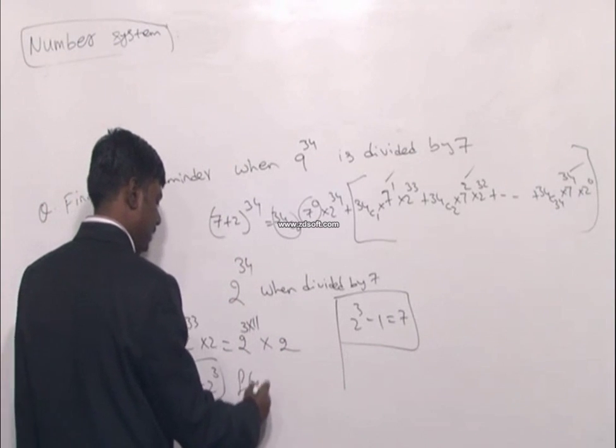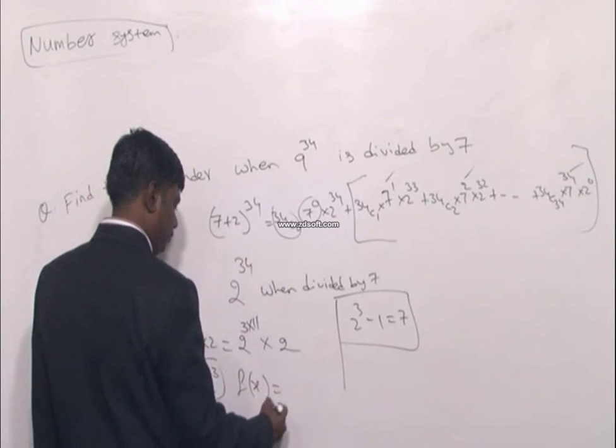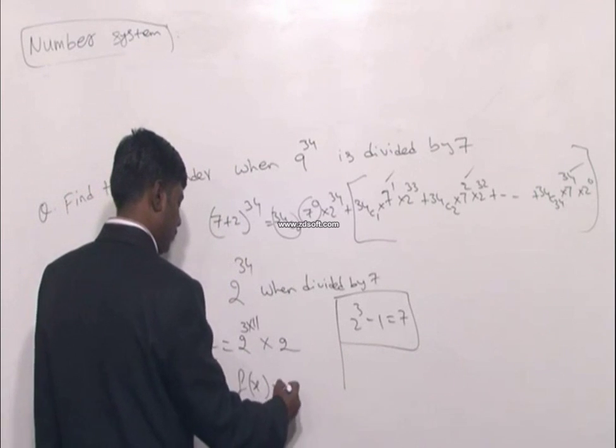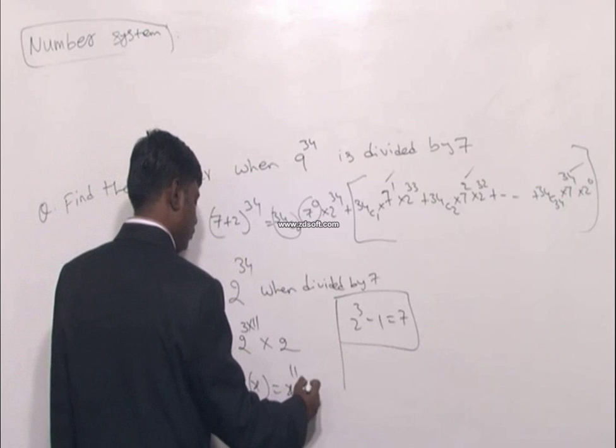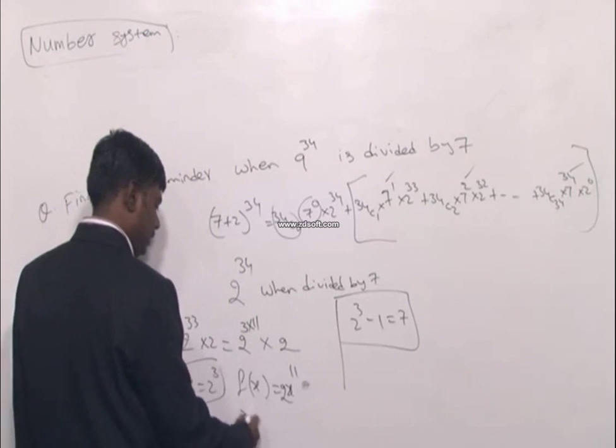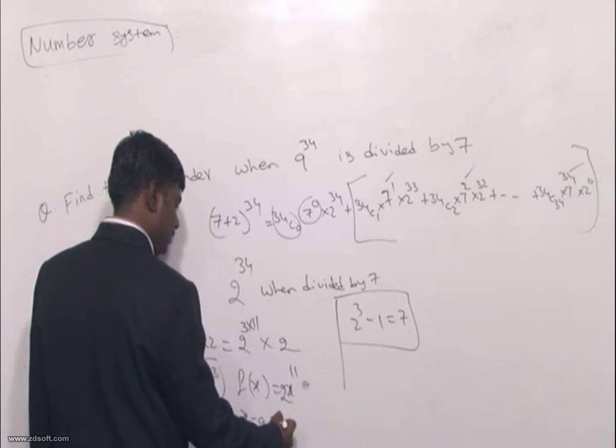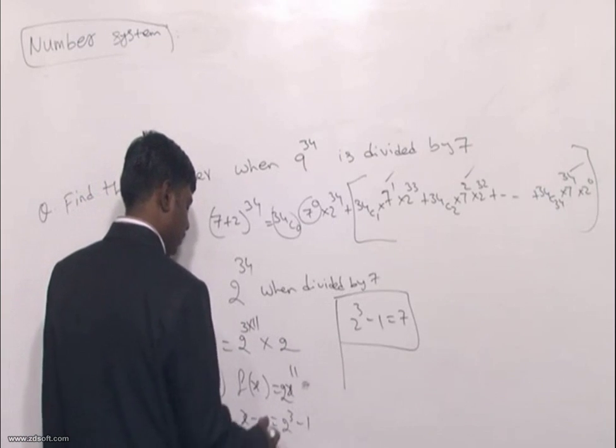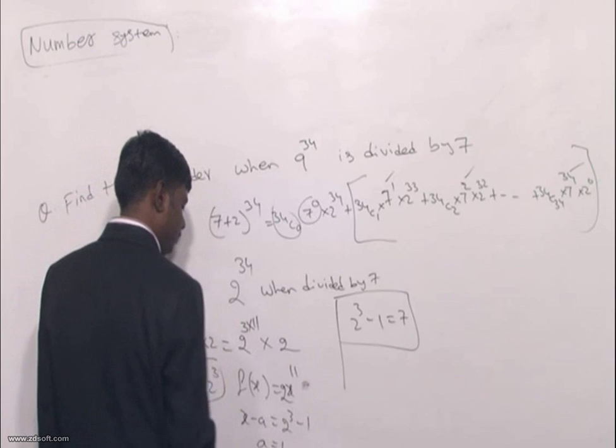So f of x is x power 11 into 2, that is 2x power 11. And x minus a is 2 cube minus 1, where a is equal to 1.